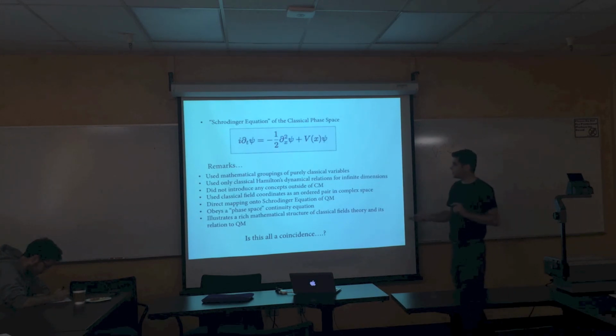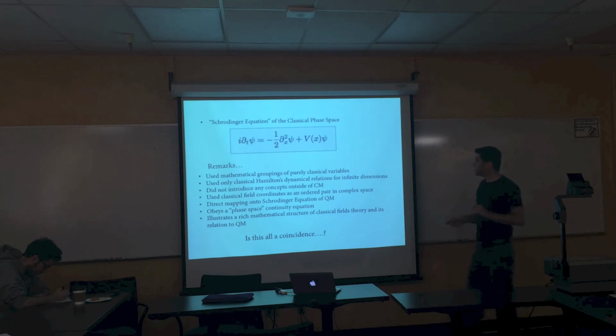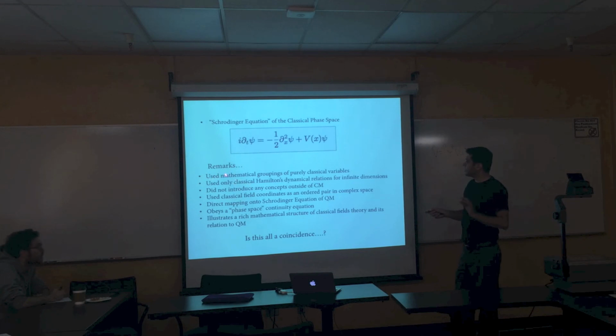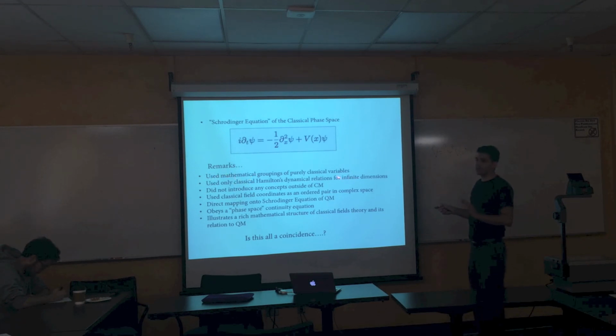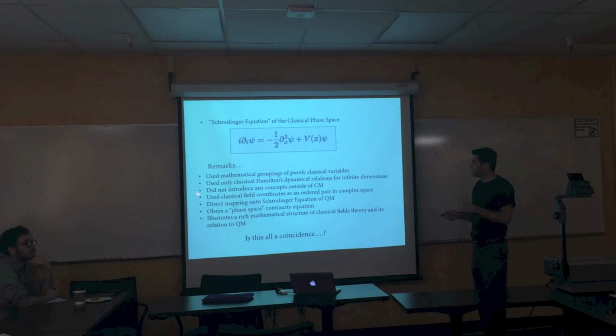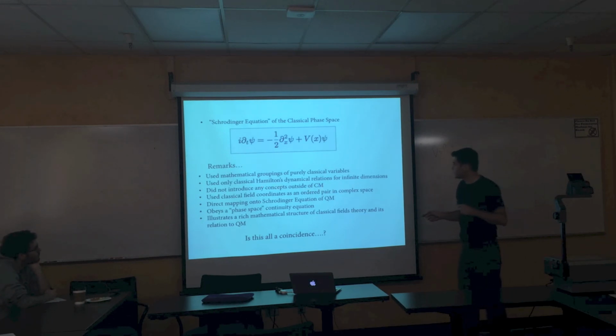So maybe this is not all a coincidence. To summarize here, we used purely mathematical groupings of classical variables, used only classical Hamilton's dynamical relations for classical field theory, and did not introduce any concept outside of classical mechanics.